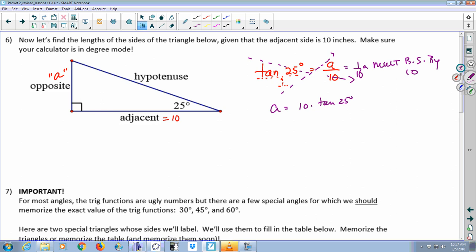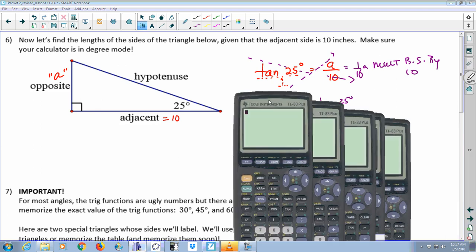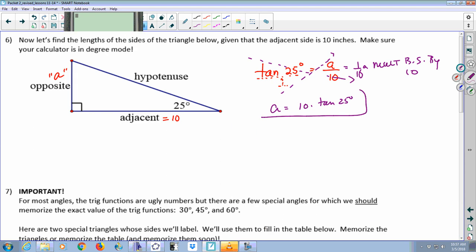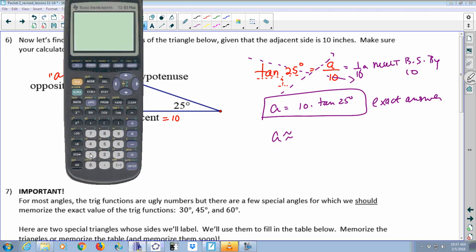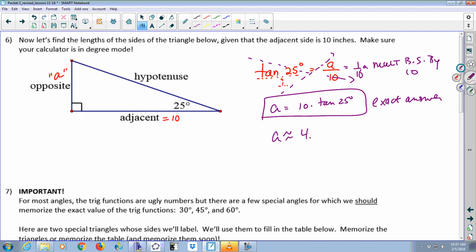All right, so you plug that into your handy-dandy calculator. And this is the exact answer. So if I ask you for an exact answer, that's what you would write. If I then say approximate it, you would put it into your calculator and say 10 times the tangent of 25 degrees, and because you're in degree mode, that is 4.66 approximately.